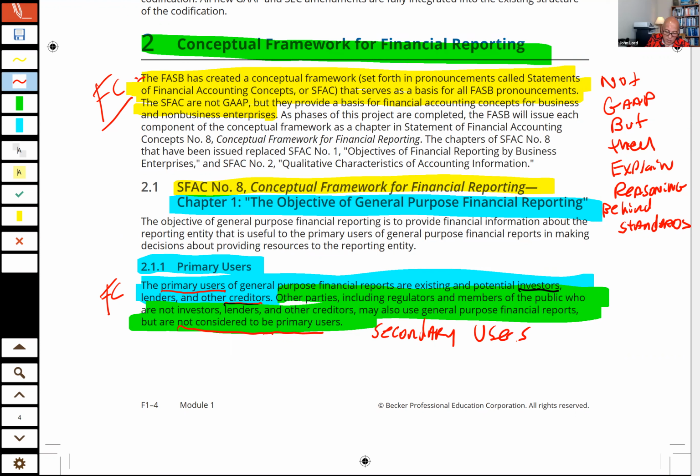FASB doesn't want to disrespect them and say we don't care about you, but you're not our primary focus. You would be our secondary, such as the SEC, the IRS, right? They would be interested in the financial statements of entities, but they are not the ones that the FASB considers primary users.